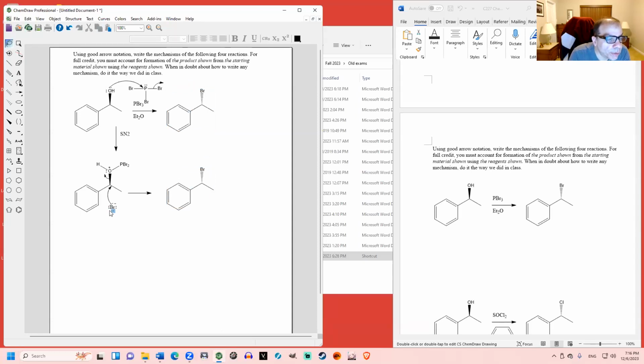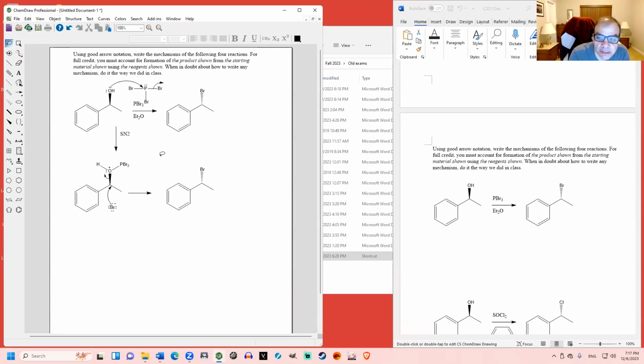And that gives the product. The bromide ion comes from behind. So where this is a wedge bond to the oxygen, the bromide comes from behind it and kicks out the leaving group. And so the new carbon-bromine bond is from the back, so we have a dotted bond. And the other piece is just HOPBr2.